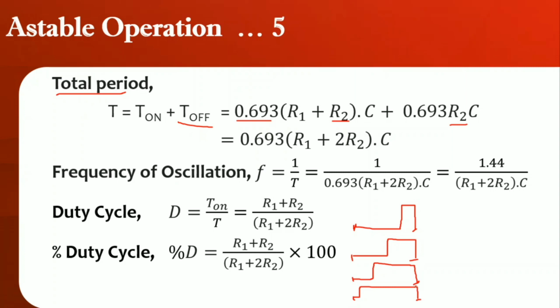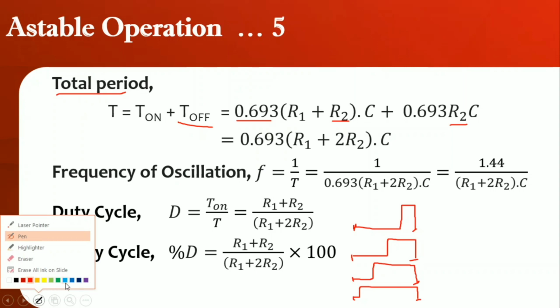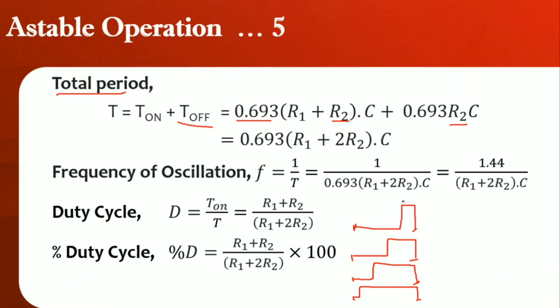But what is the difference here? You can clearly see that there is a lot of difference in the on time. A has very little on time. B has a little more on time than A. C has a little more on time than B, and D has the maximum on time compared to A, B and C. So this on time ratio is defined by duty cycle.